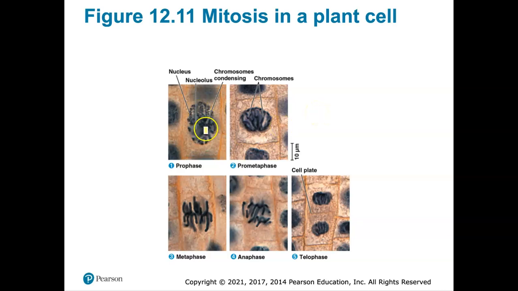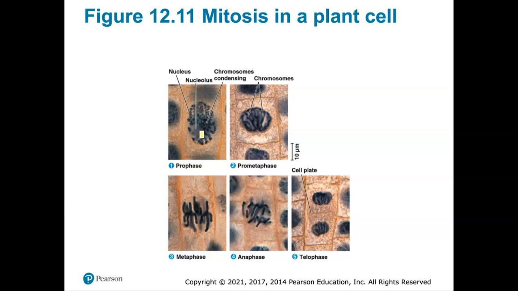So during prophase, it looks like the nucleus may be breaking down, but it's still there. All of the chromosomes are still in the area of the nucleus, but the nuclear envelope is breaking down, and it's not chromatin anymore. It is chromosomes. Chromosomes have formed, have condensed.